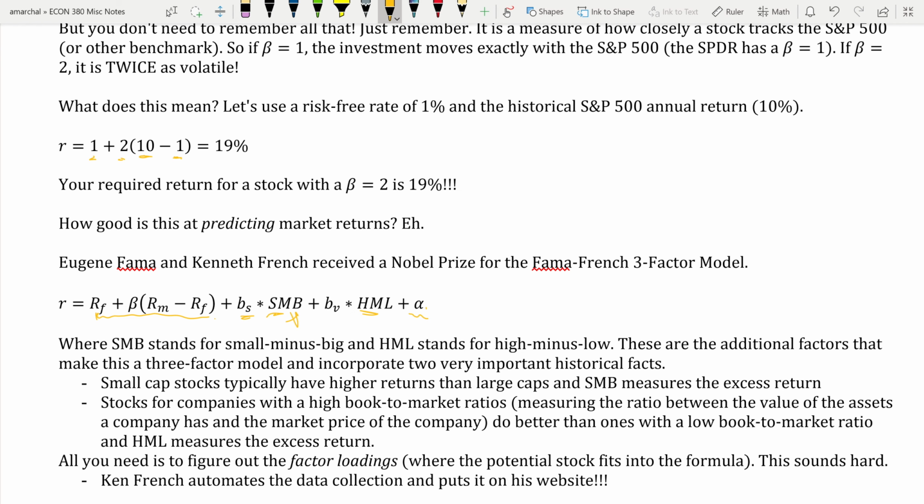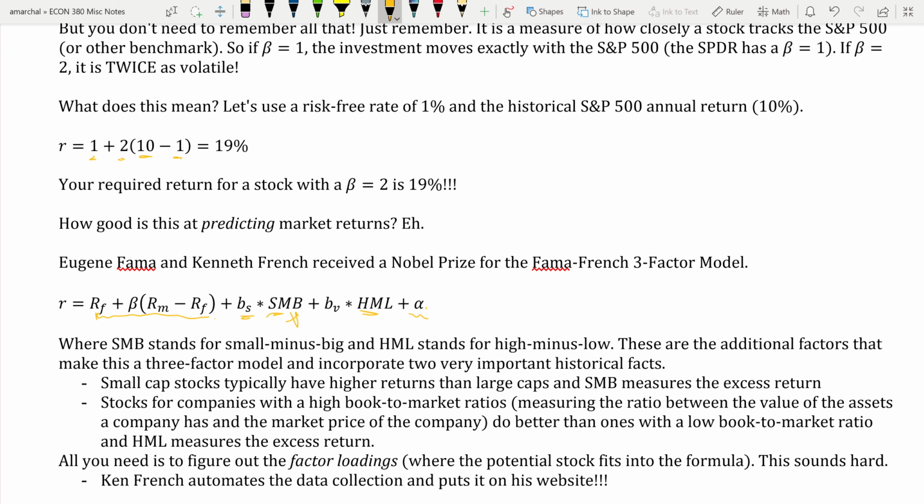Now, additionally, you have this HML term, which stands for high minus low. And this is based off the stylistic fact that stocks for companies with high book to market ratios, so we're looking at the ratio between the value of assets a company has and the market price of a company, do better than the ones with low book-to-market ratios. And HML is just, once again, this factor that measures the excess return.